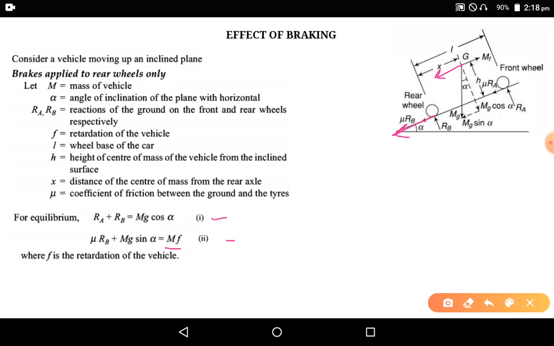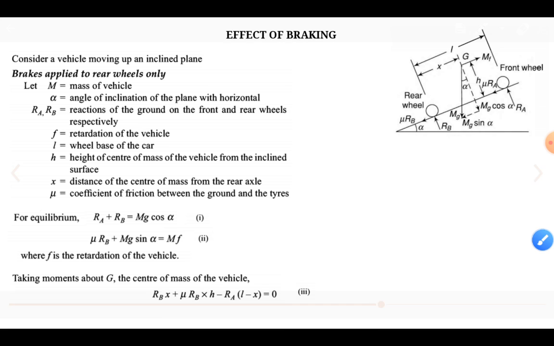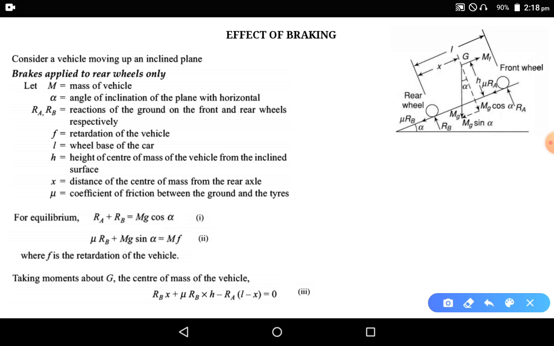Okay, so let's take the equilibrium of moments also in the same way. For equilibrium of moment we will consider the reaction forces at both the wheels and the friction force, right? So Rb is acting at a distance x from the center of mass of the vehicle, right? We are taking the moment about the center of mass.